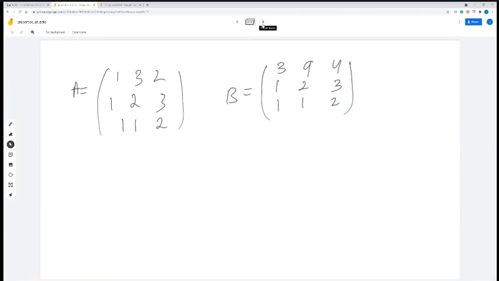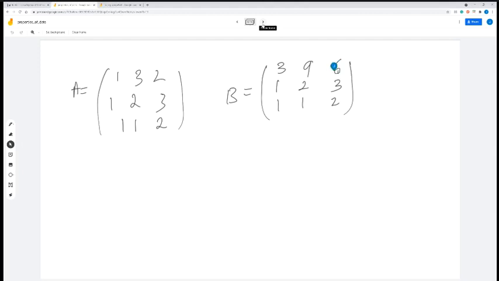If you compare A to B, you can see that the bottom two rows have the same entries, but in the top row the entries have been tripled. So instead of 1, I have 3. Instead of 3, I have 9, and instead of 2, I should have 6. Sorry, it's my mistake. It should be 6 here.